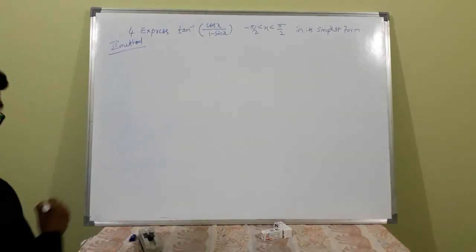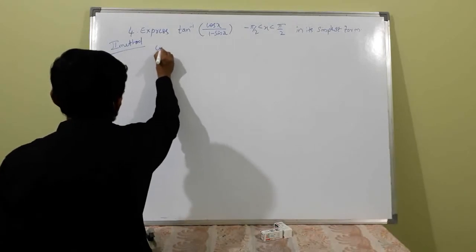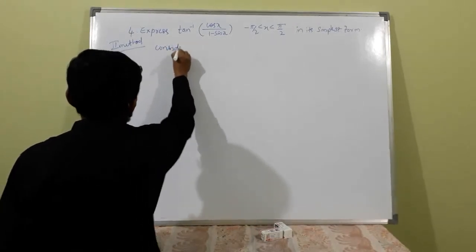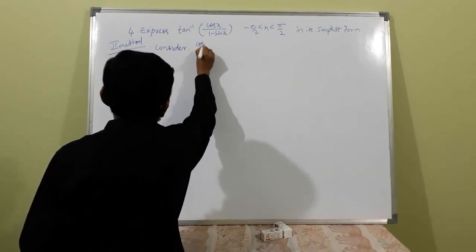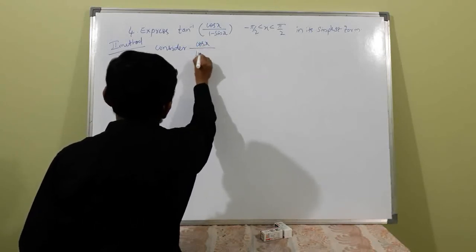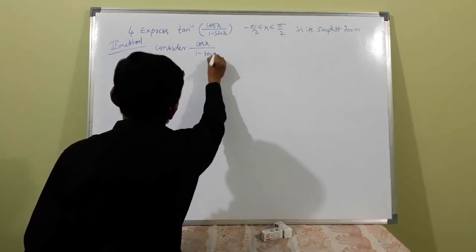Second method of solving this is, consider cos x divided by 1 minus sin x.